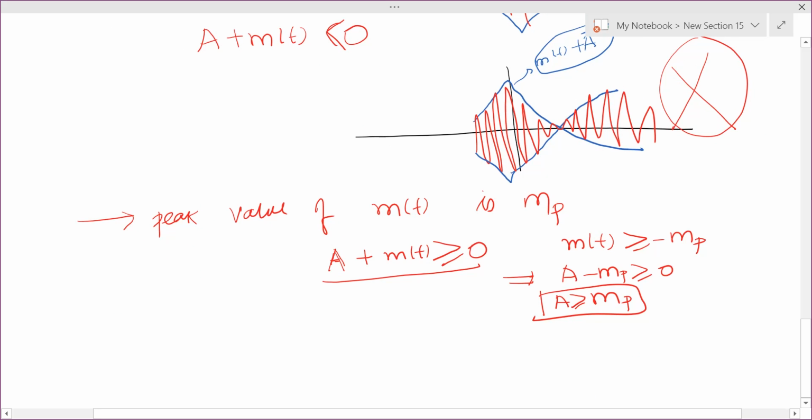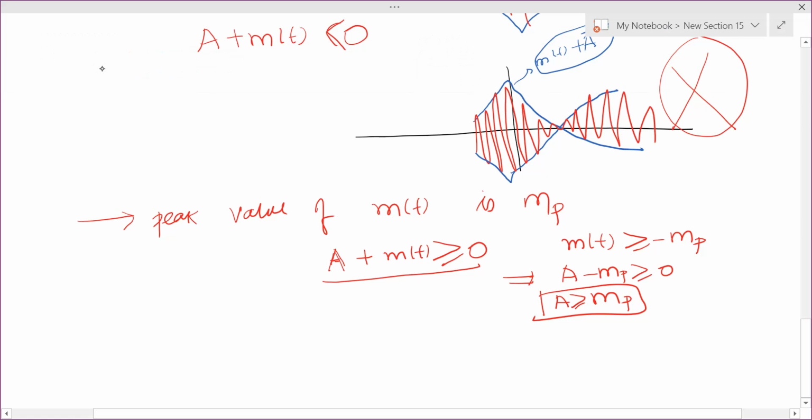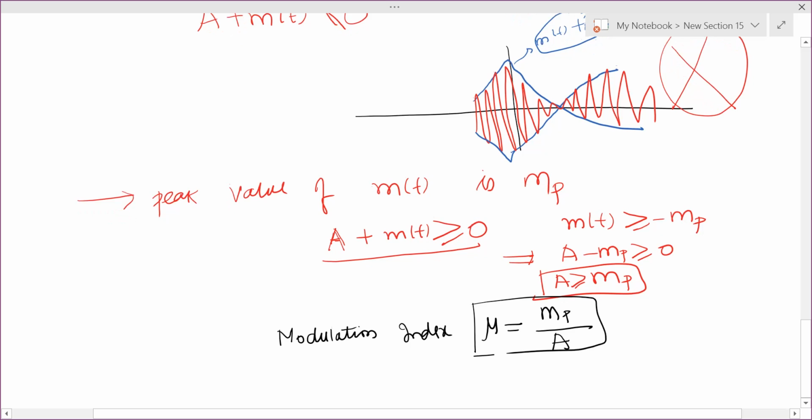It should be always at least the maximum amplitude of the message signal. Okay, so for that we define something called modulation index, mu, which is defined as the amplitude of message divided by the maximum amplitude of carrier, mp by A.